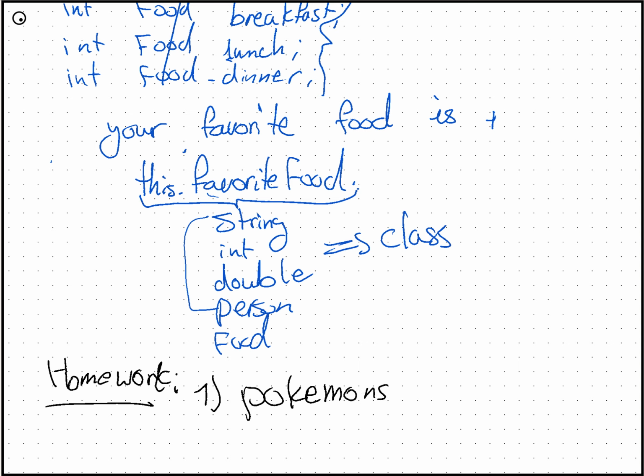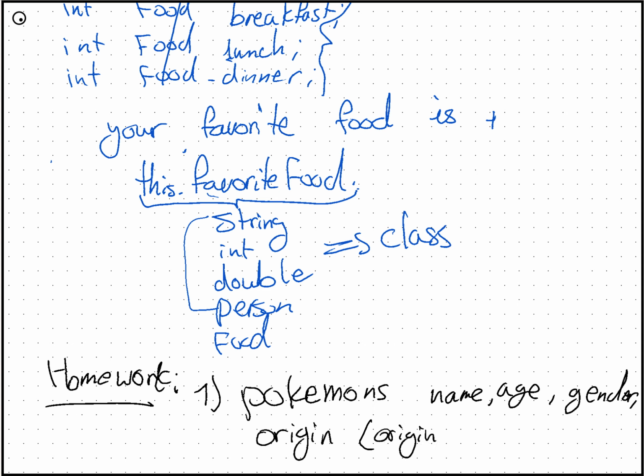So they're mythical creatures, and they have a name, they have an age, they even have a gender, believe it or not. And they have an origin, which is an original Pokemon that they evolved from. Does that make sense? Okay, yes. Pokemon.